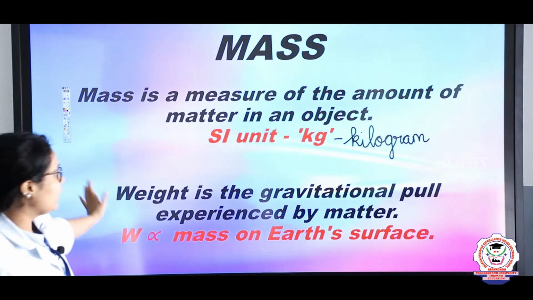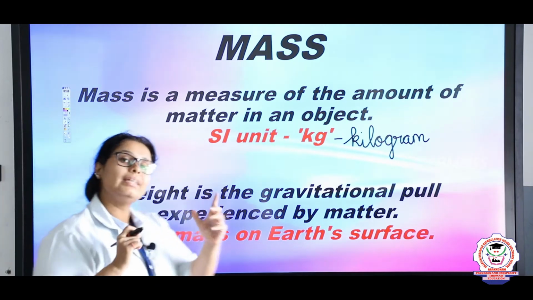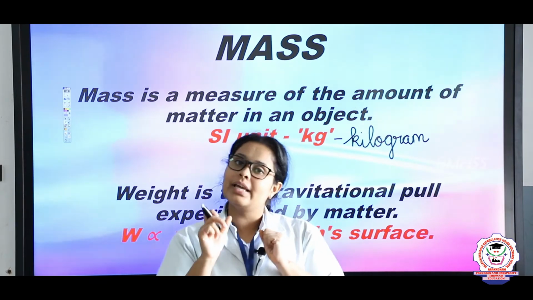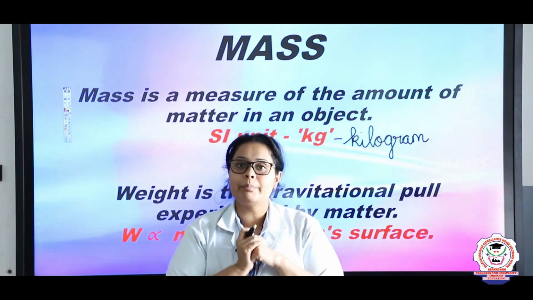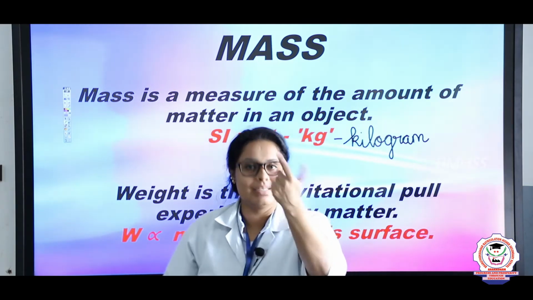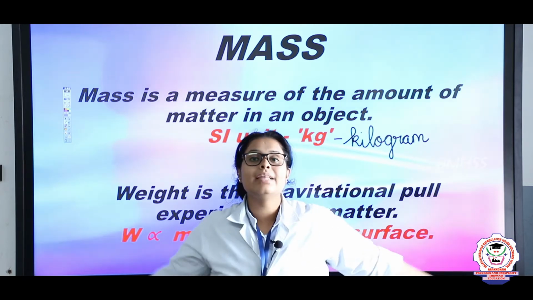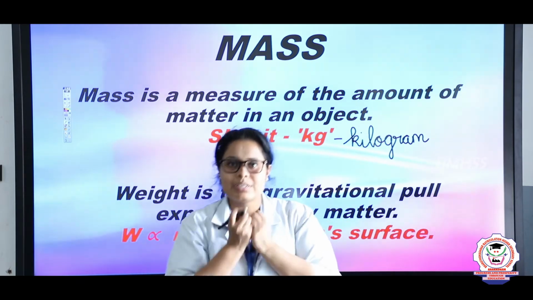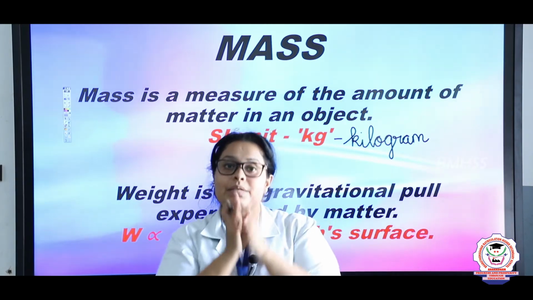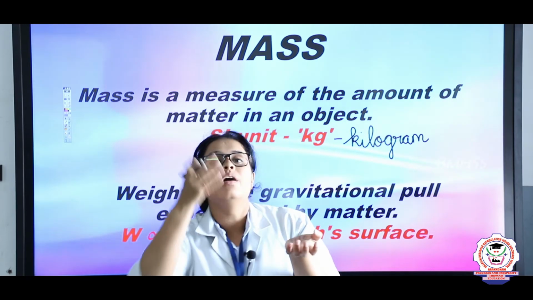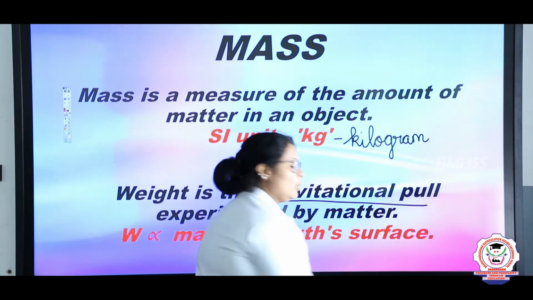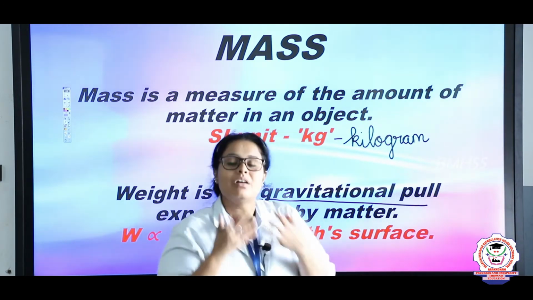Right. Now here we have to see two things. One is the mass, which is related to the matter present, and another thing is weight. Whenever people ask you, they will ask what is your weight, they will not ask what is your mass, right students? Why? Because on the earth there is a force, that is the gravitational force. The mass experiences the gravitational pull from below, from the earth's core.